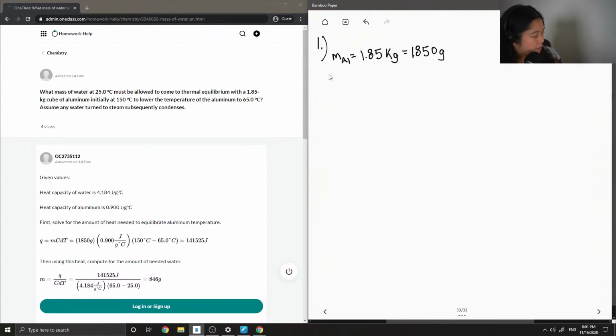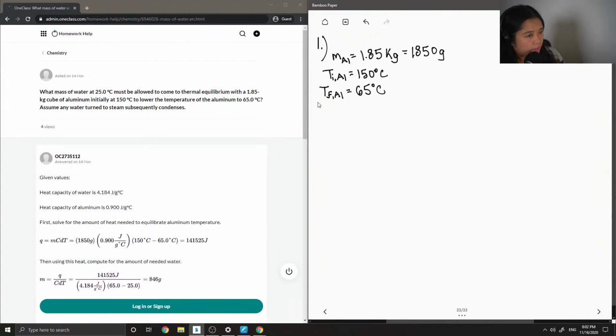They also give us the initial temperature for aluminum. So T initial for aluminum is equal to 150 degrees. And T final of aluminum is equal to 65 degrees.